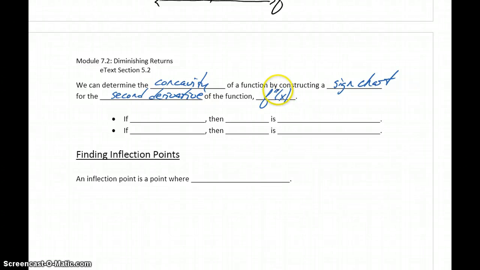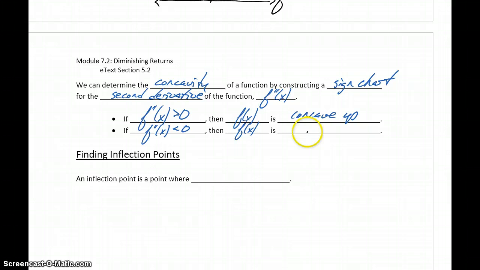So instead of the 1 tick mark there, we've got 2 to indicate what we want as the second derivative. If our second derivative is greater than 0, then the function is concave up. If the second derivative is less than 0, then our function f of x is concave down.